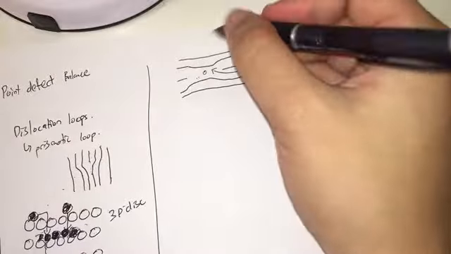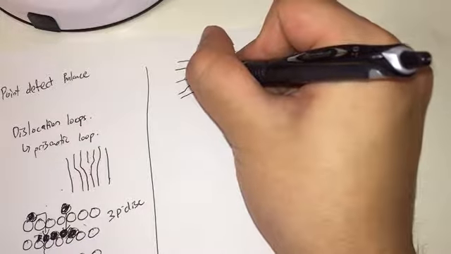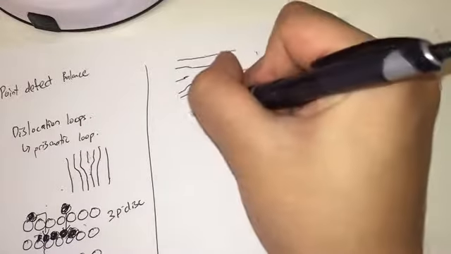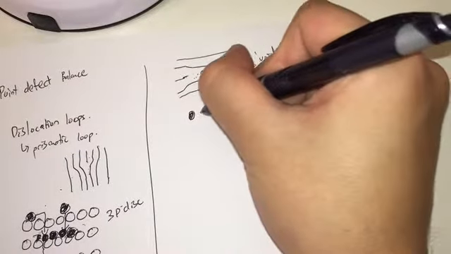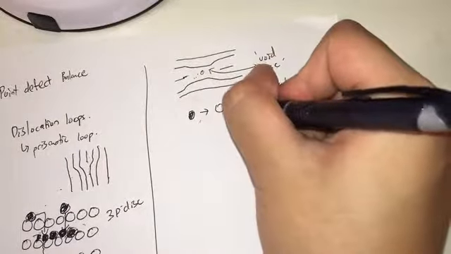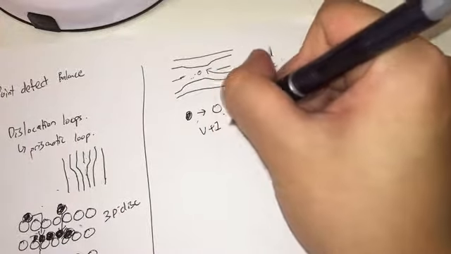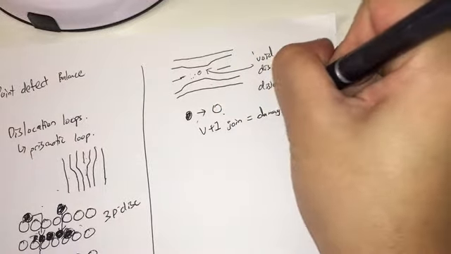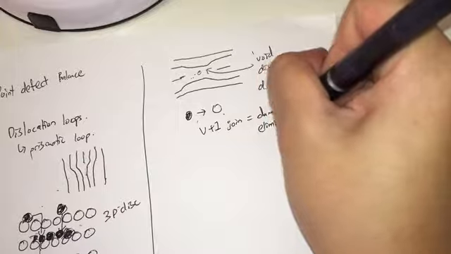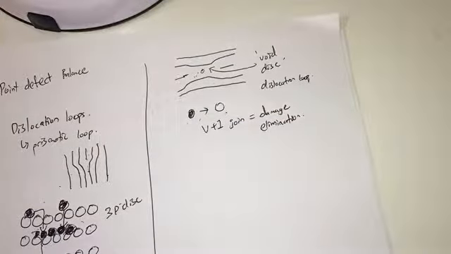But at the same time, if an interstitial finds a void like this, it's going to make the void shrink. And if you have an interstitial and a vacancy, when the interstitial rejoins the vacancy, the damage is eliminated. So in effect, when the interstitial joins the vacancy, the bond is reformed and the damage is eliminated.